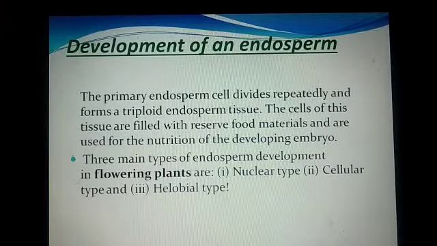The cells of this tissue are filled with reserve food material and are used for the nutrition of the diploid embryo. Who gives nutrition to the developing embryo? Endosperm. So, in angiosperms, there are three main types of endosperm: nuclear type, cellular type, and helobial type.